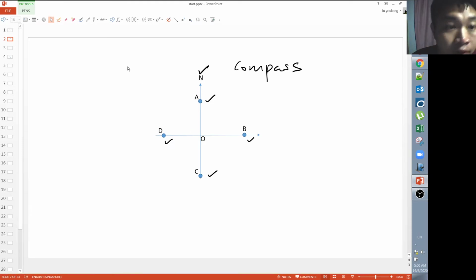So how can we describe the position of our point A, point B, point C, and point D?